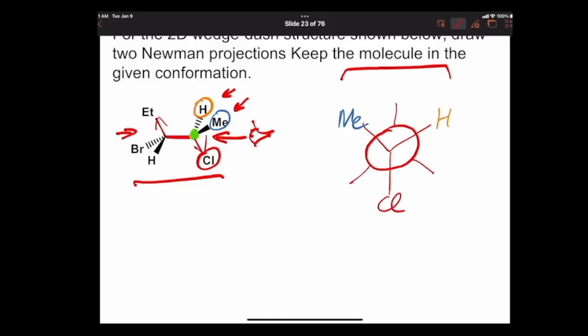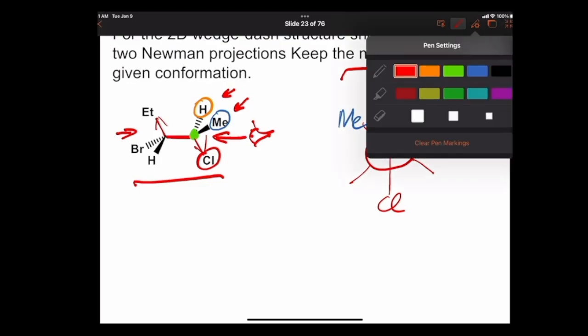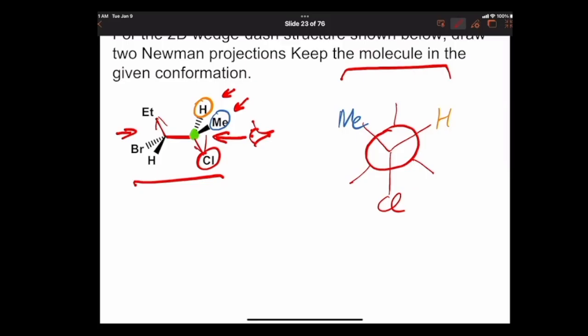Everybody see that? Next thing, if you look at the back group, what I usually like to do is use groups that are along a common plane. Remember, the plane of the molecule, this here, where we've got a chlorine and ethyl group, that defines the plane of the page. That's kind of cutting through the middle of the molecule, which means anything above it is on the same side, anything below it is on the same side, relative to each other.